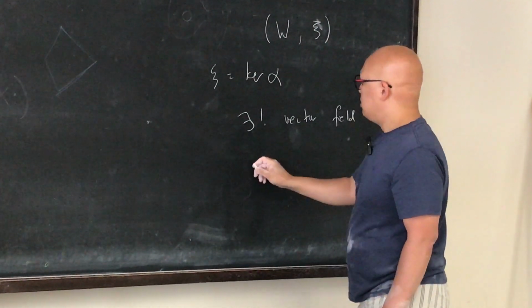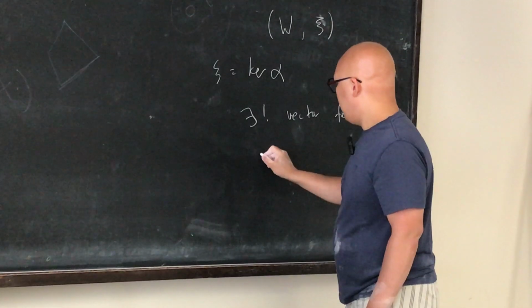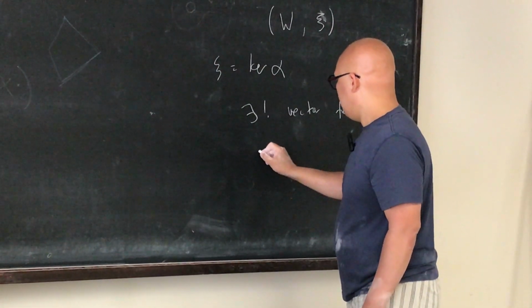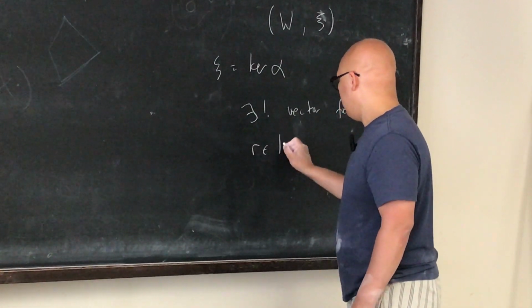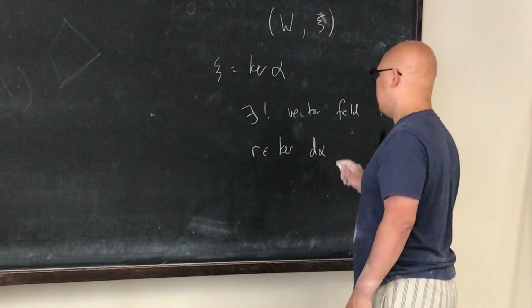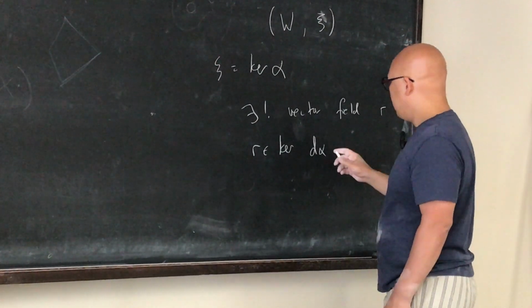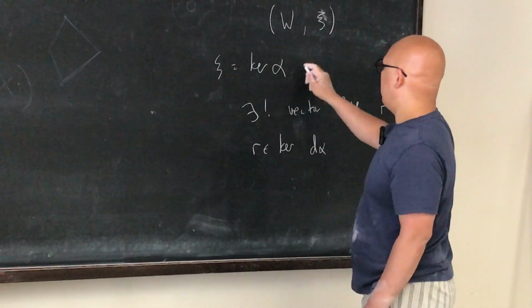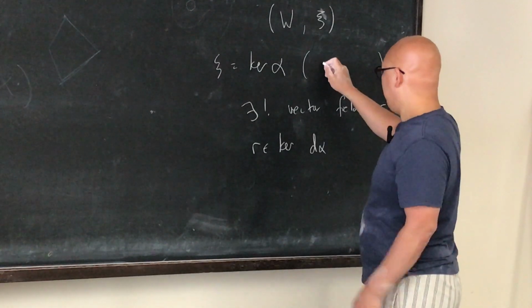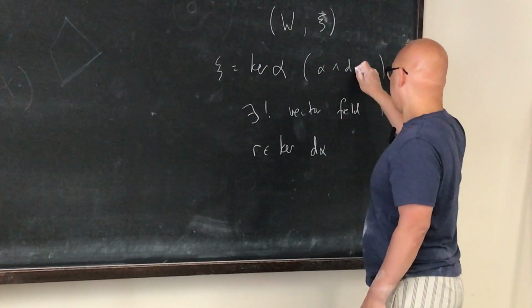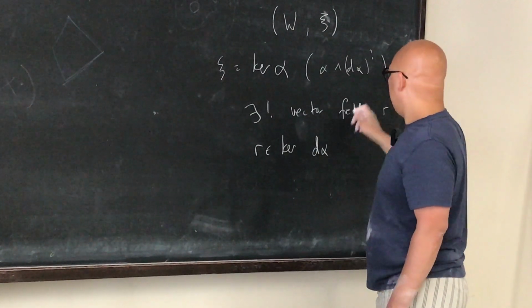R, such that R is in the kernel of d alpha. So C is the kernel of alpha, and the maximally non-integrable condition means that alpha wedge d alpha to the appropriate power is a volume form.